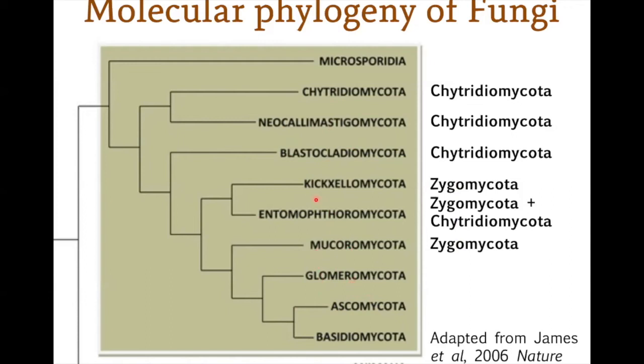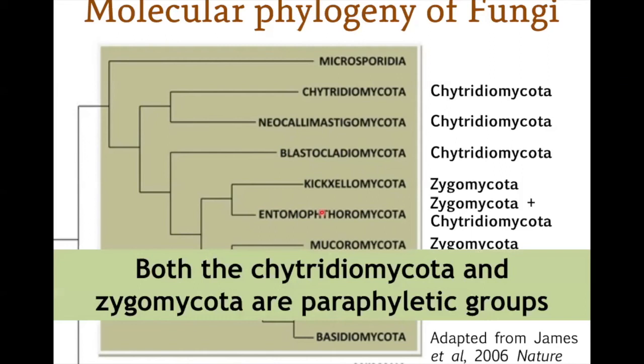Now, the good news is I'm not expecting you to remember all these names. I'm not going to be asking you for these names, so you don't need to know this. You just need to know, if you were given this tree, how to interpret it in terms of monophyly and paraphyly. On the next slide, this means that both the Chytridiomycota and the Zygomycota, in that original simplified view of the fungi, are paraphyletic groups, and so they're not good taxonomic names.